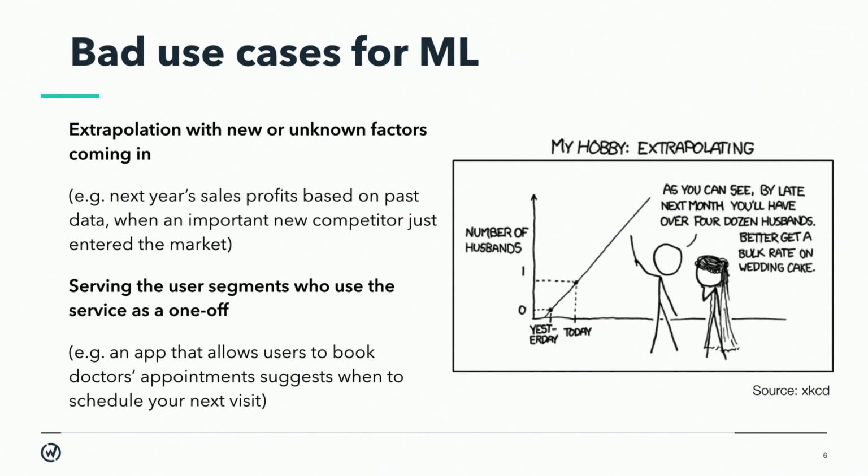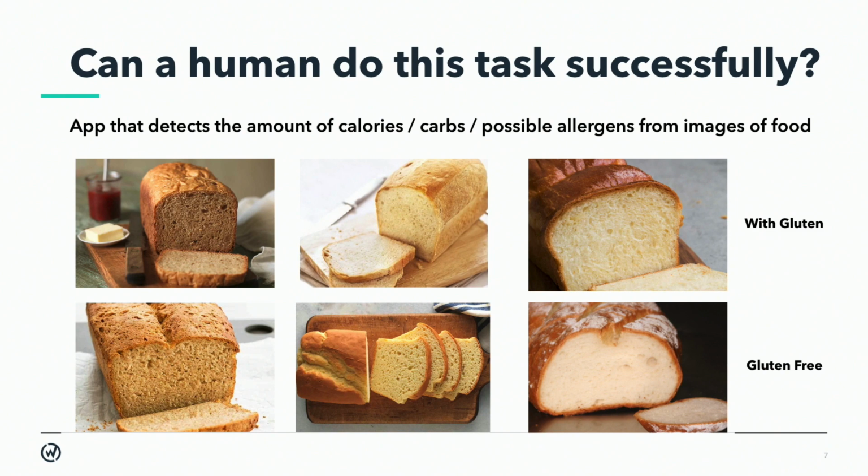But one thing to remember here is that there's a segment of people who have, for example, chronic illnesses, and those people have to go to the doctor a lot more often than healthy people. So studying your audience and doing user research is also really important for your machine learning app to be successful.